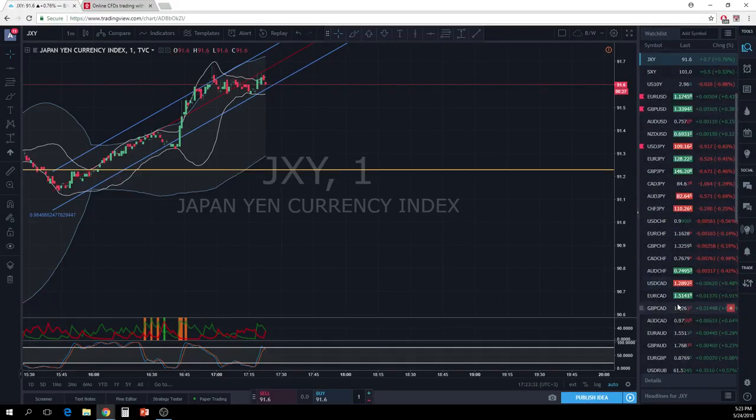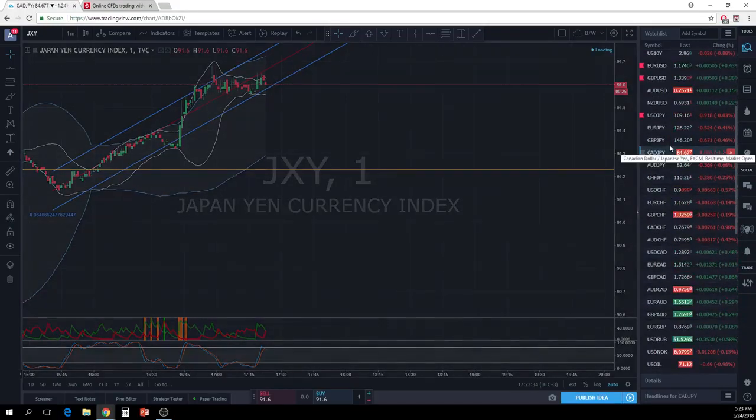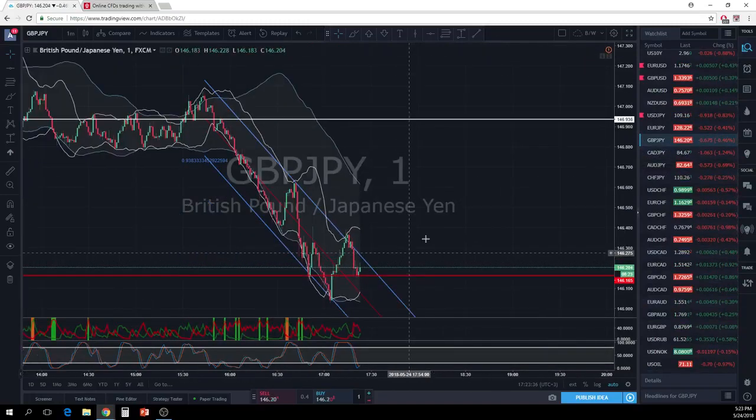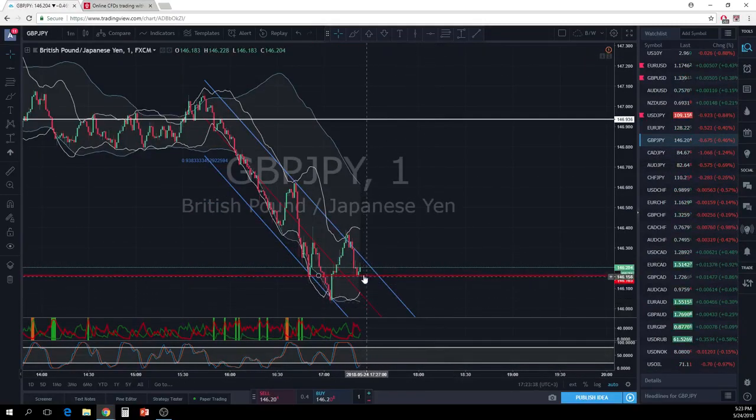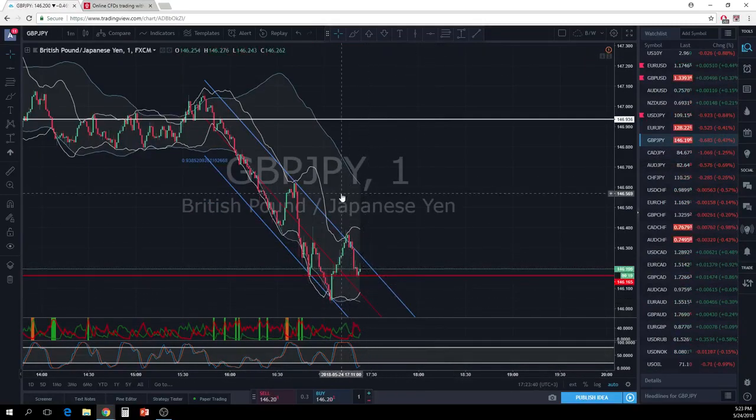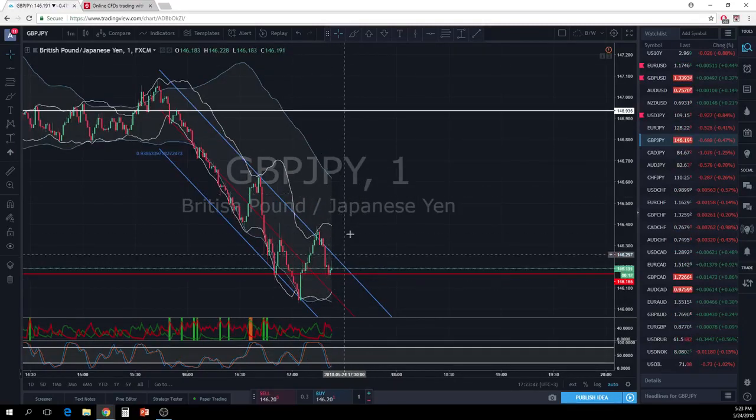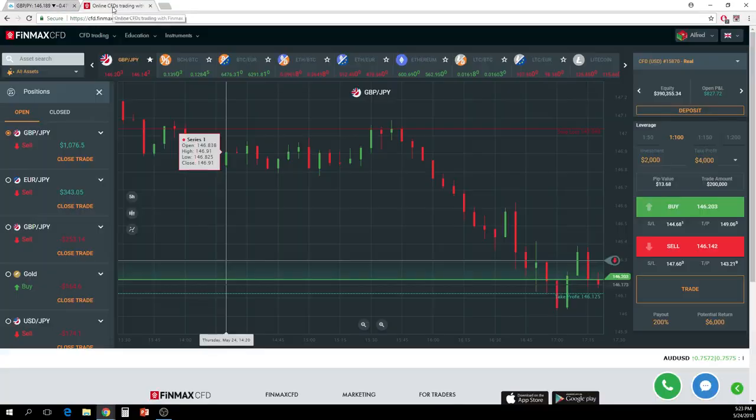So, looking at where the British pound, Japanese yen is, I think that's the most important position right now. I want it to start decreasing again and not doing this. It could go back up above the linear regression, so I have to see exactly. I guess our platform is freezing again.